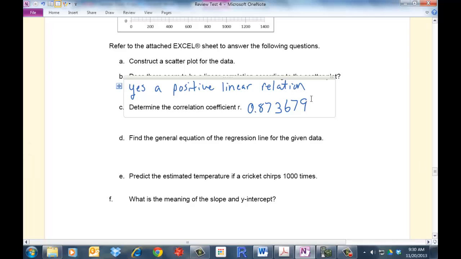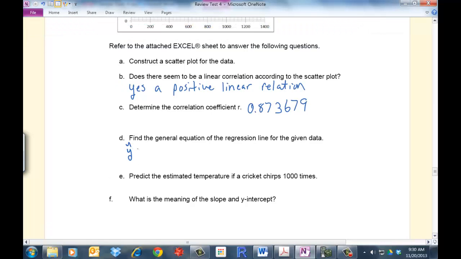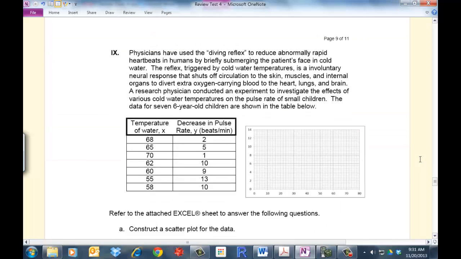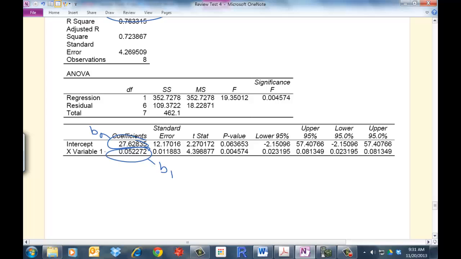Okay, part D. Find the general equation of the regression line for the given data, and that's going to look like y hat equals b1 x plus b0. So b1, remember, is the slope and b0 is the y-intercept, and we're going to get these from the printout down here. So b1 is given by x variable 1, and b0 is given as the intercept.